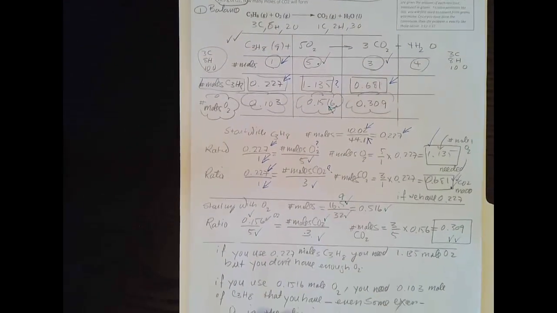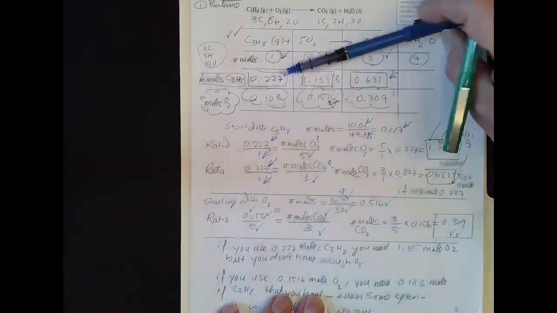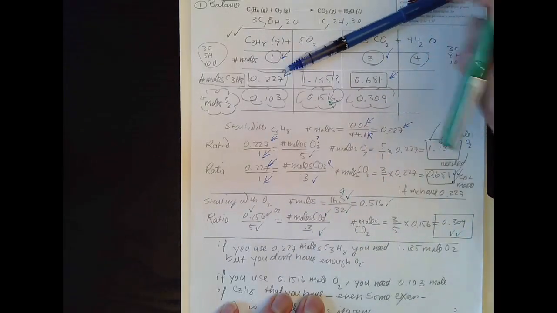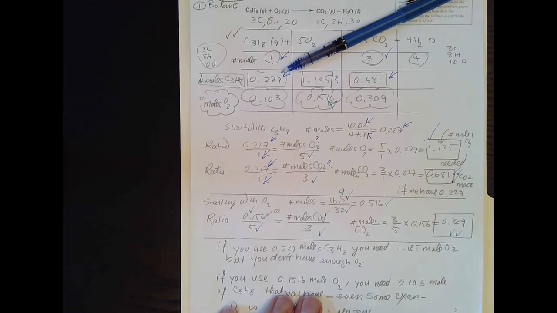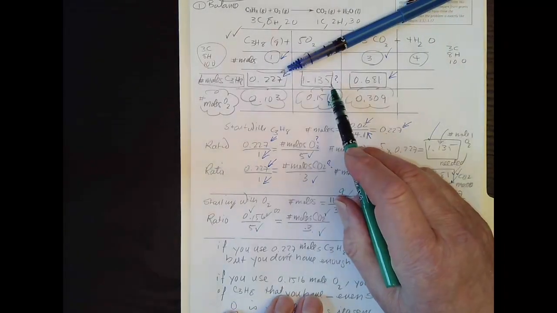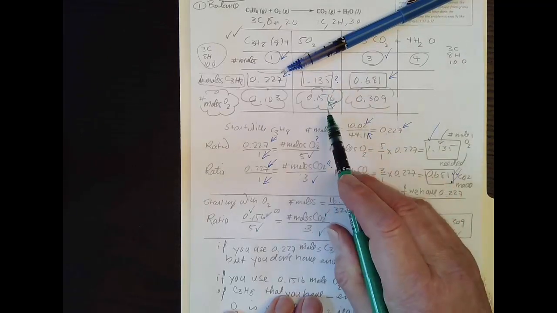So let's go back and do our little calculation here. For 0.227 moles of propane, we require 1.35 moles of oxygen. Do we have that? No. The problem says, based on the calculation, we only have 0.15 moles of oxygen.